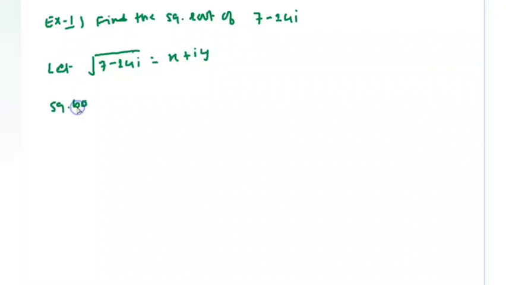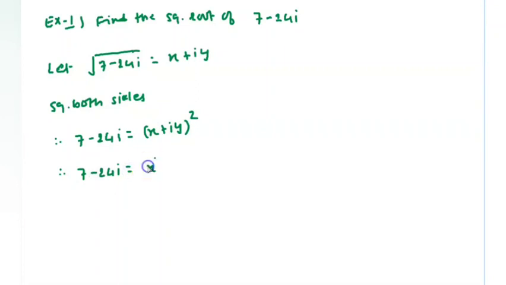Now squaring both sides, 7 minus 24i will be equal to (x plus iy) whole square, and therefore 7 minus 24i is equal to x square minus y square plus 2xy into i. Now comparing the real parts and imaginary parts, x square minus y square is equal to 7.